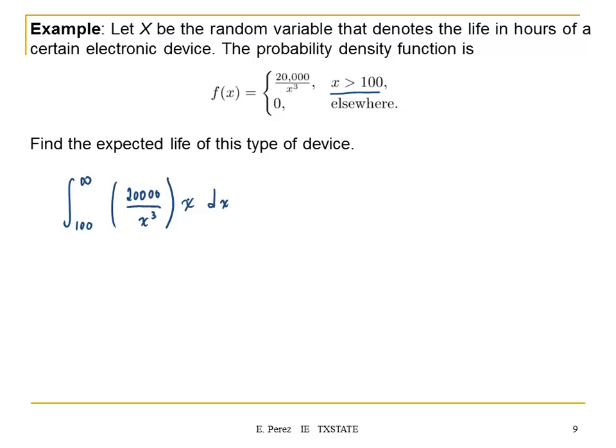Okay, so you need to multiply that times x. If you solve this, you get the integral from 100 to infinity of 20,000 divided by x cubed dx. It should be square. I'm sorry, this is square.